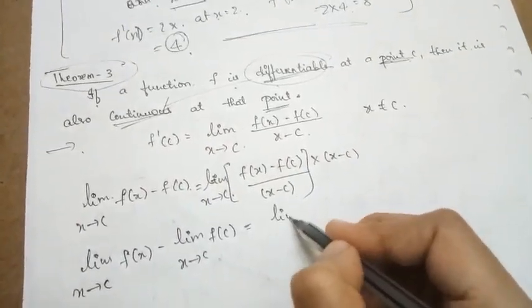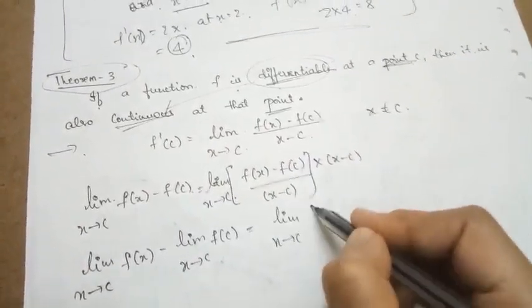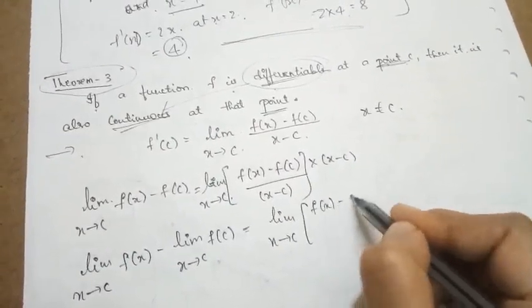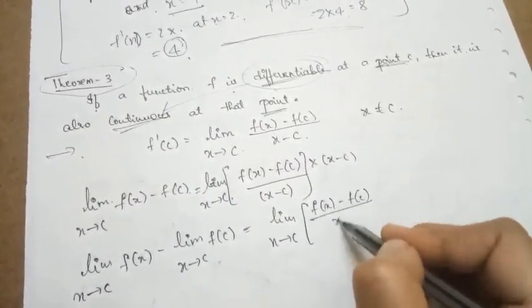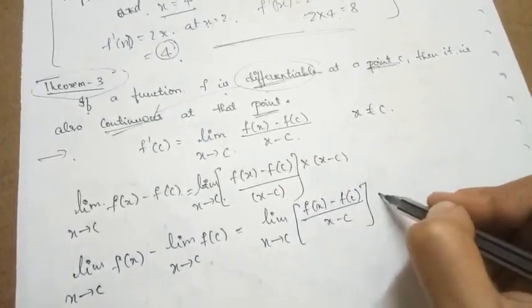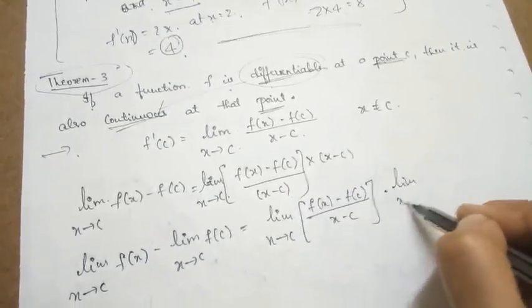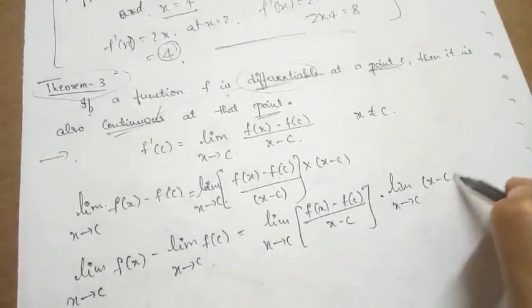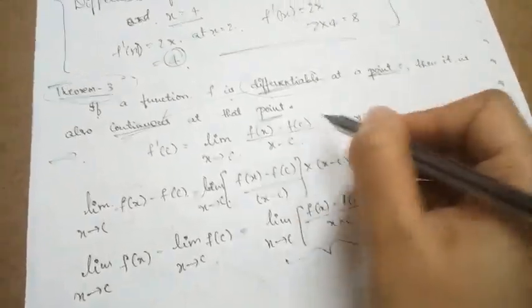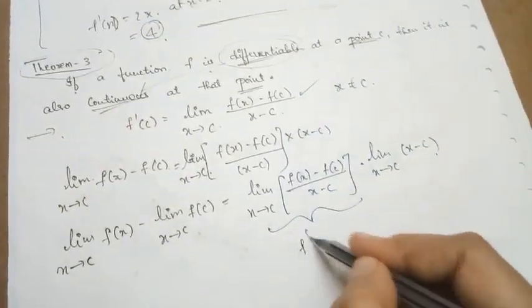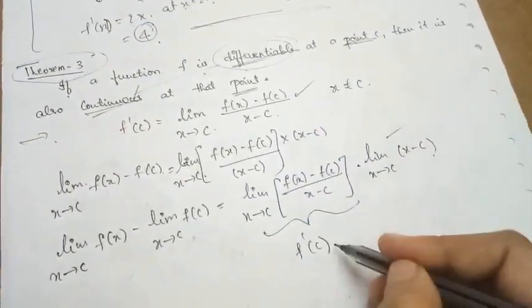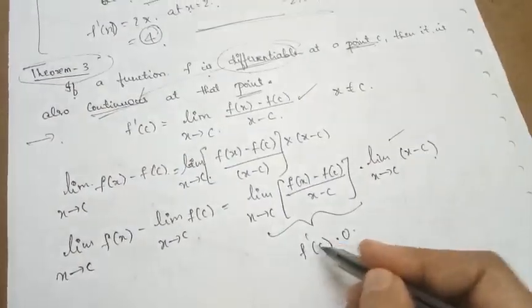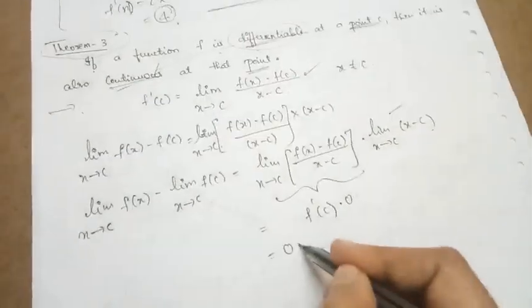So it becomes limit extending to C of f of x minus f of C divided by x minus C, into limit extending to C of x minus C. Clearly this is nothing but our definition, so it becomes f dash of C. By applying the limit this becomes 0, so f dash of C into 0 is equal to 0.